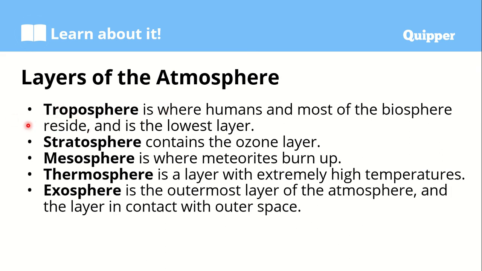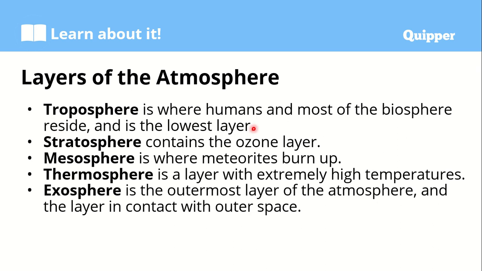Alright, so the next one after troposphere is the stratosphere. So in the stratosphere, dito na makita ang ozone layer. So the ozone layer protects Earth from the sun's harmful UV radiation. However, because of the chlorofluorocarbon product, which actually depletes the ozone layer, kaya nagkakaroon ng hole ang ating ozone layer.